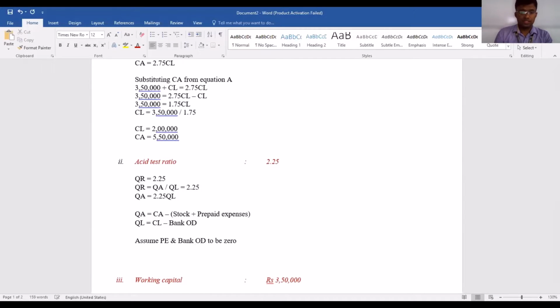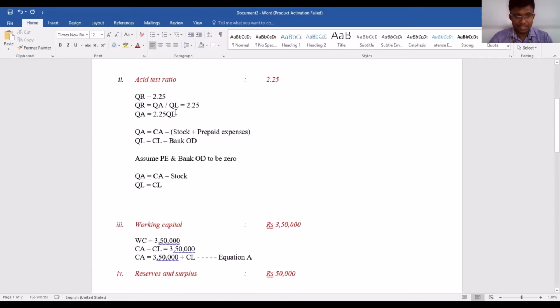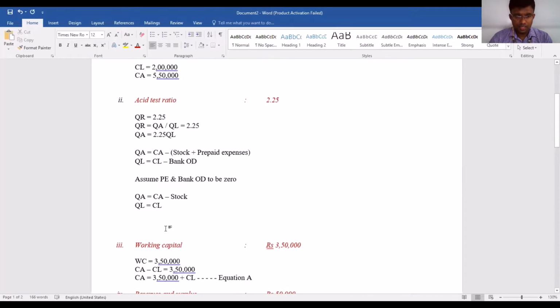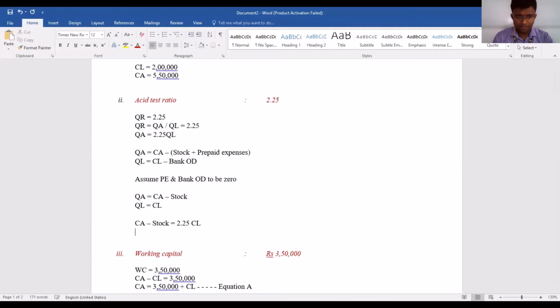So let's work out this. Here quick asset is equal to current asset minus stock, and quick liability will be equal to current liability. So substituting that, we can rewrite this equation as current asset minus stock, because we've got a new formula for quick asset, and this is equal to 2.25 times current liability.